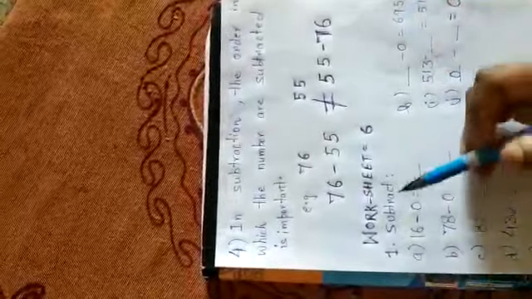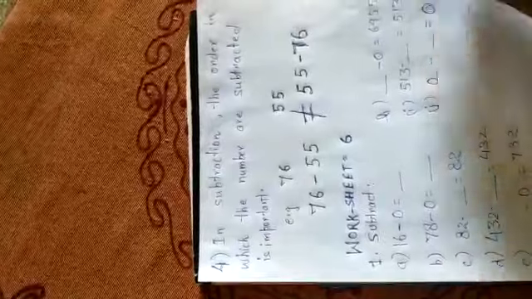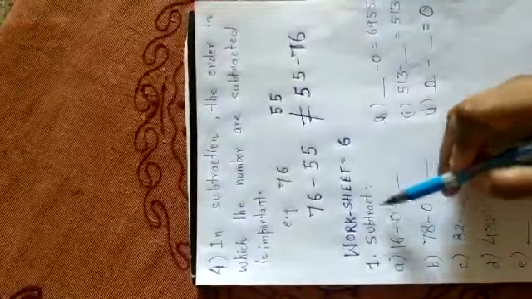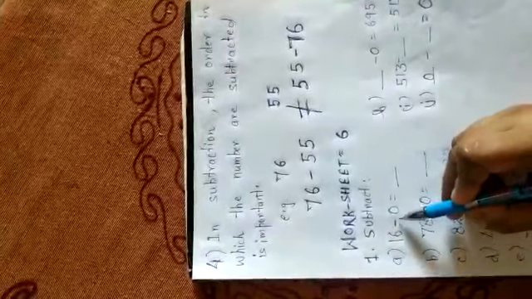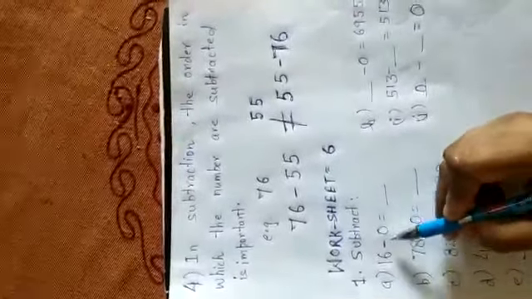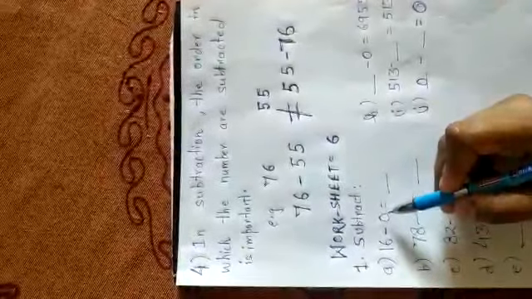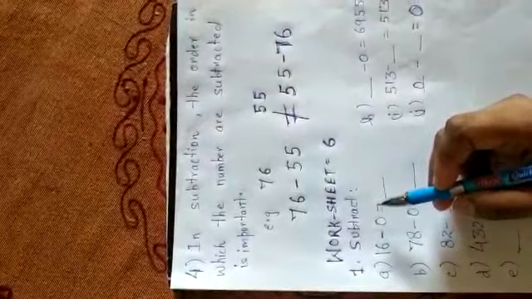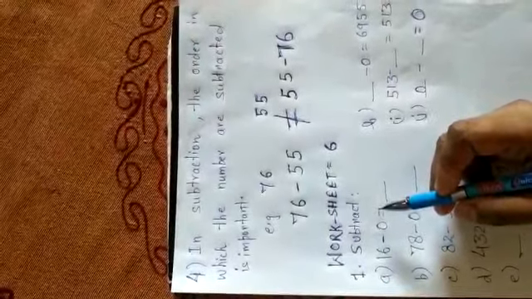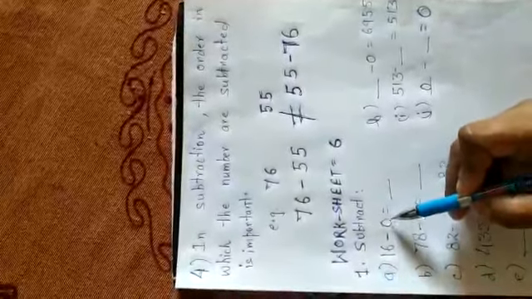Now let us take examples with the help of worksheet number 6. Question number 1, subtract: A, 16 minus 0. Here is the zero identity. I have taught you this property, the zero property of subtraction. So 16 is subtracted by 0.